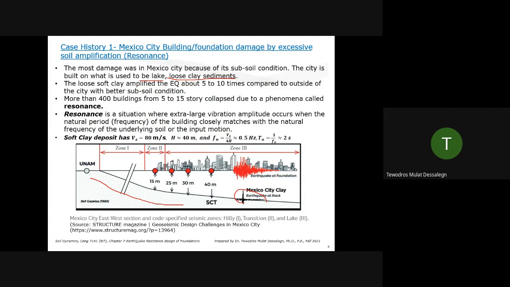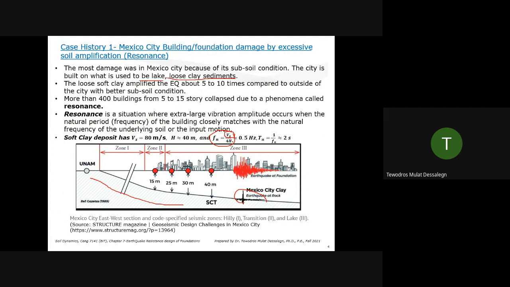Some earthquake comes, but what happens is it gets amplified through that soil. Now there is a critical amplification where you can find the fundamental frequency of a soil deposit using this relation. For now, just assume you know what Vs is, the shear wave velocity of the soil, divided by 4H, where H is the depth.